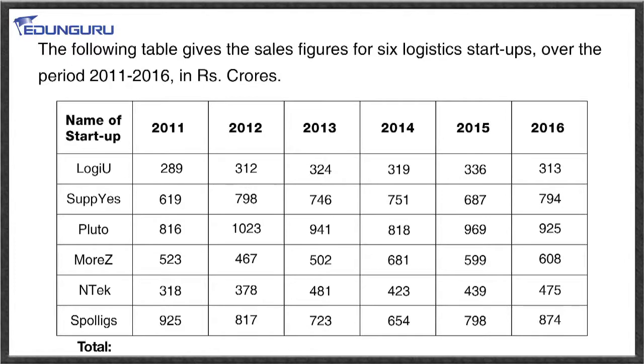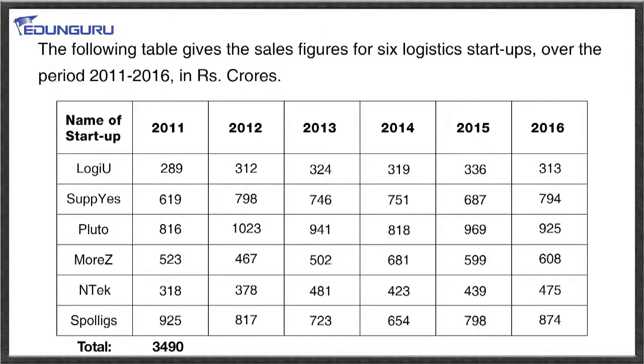Looking at 2011, what is the total? 289 plus 619 plus 816 plus 523 plus 318 plus 925. It comes out to be 3490. In 2012, the total sales is 312 plus 798 plus 1023 plus 467 plus 378 plus 817, which comes out to be 3795.